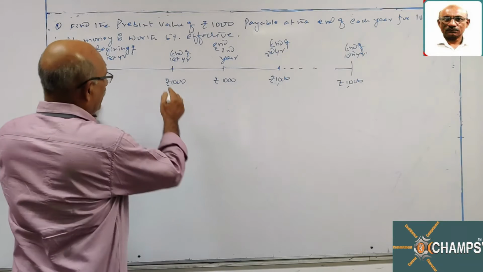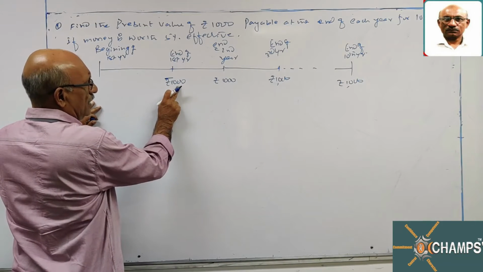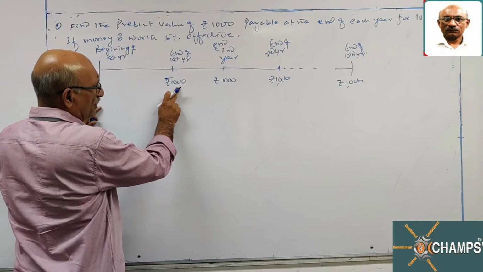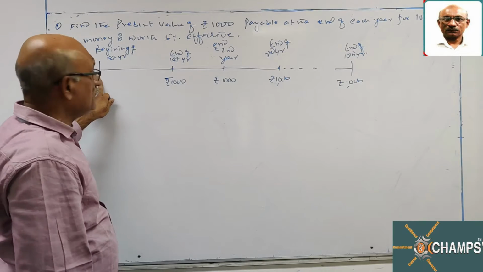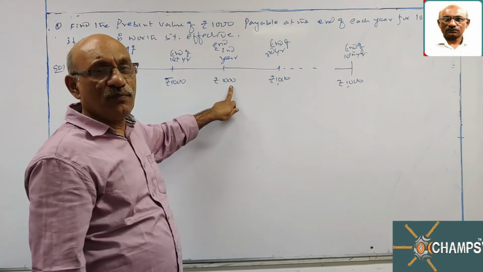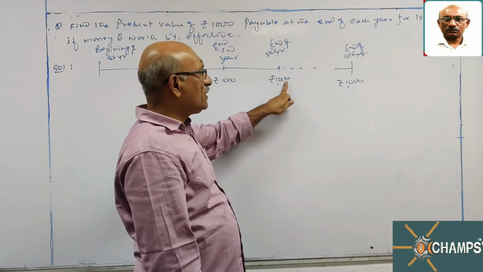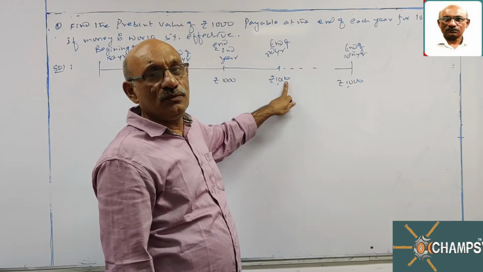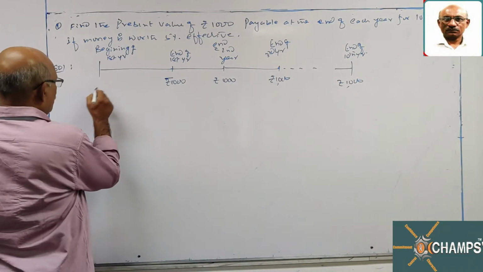Now look at this, sir. When 1000 rupees is due in 1 year, what is its present value or what is its value today? Again, 1000 rupees is due in 2 years, what is its present value? 1000 rupees is due in 3 years, what is its value? So this you have to calculate.